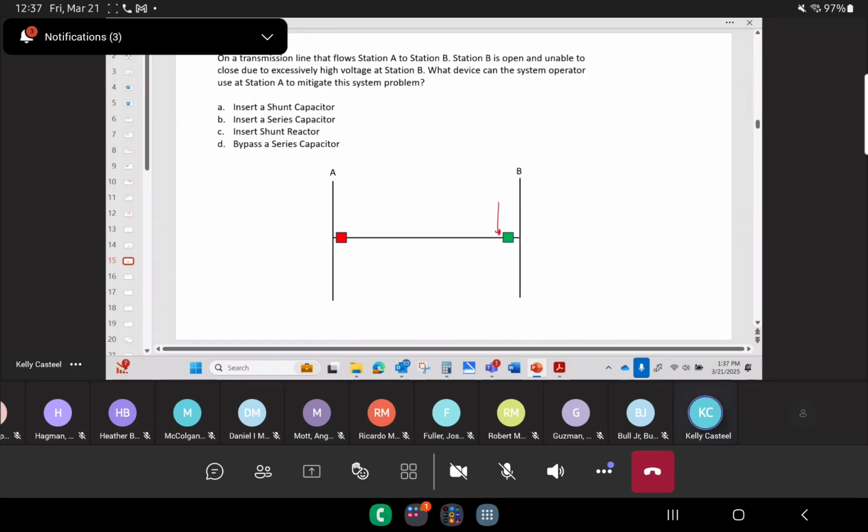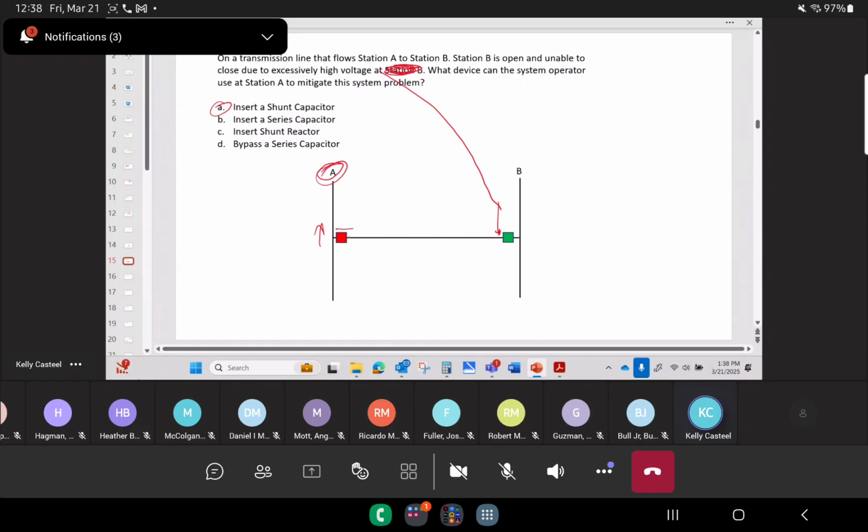Okay, so again, not much you can do about a poorly worded question, but let's look at it from both standpoints. If we're talking about high voltage at that location, what could you do? Now we're looking at doing something over here at station Alpha when we've got high voltage at that location. So let's look at the answer options. If we insert a shunt capacitor over here at station Alpha, that's going to raise this bus voltage.